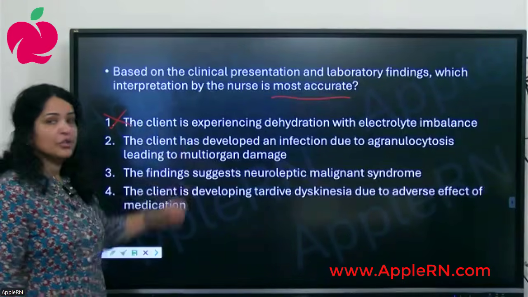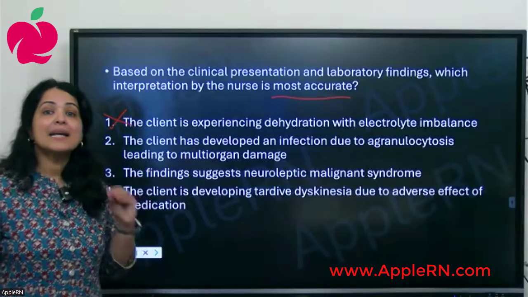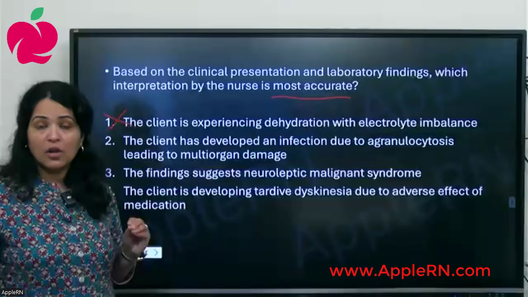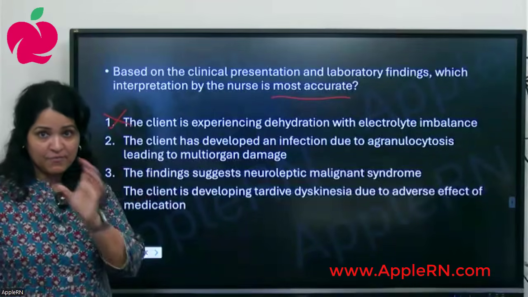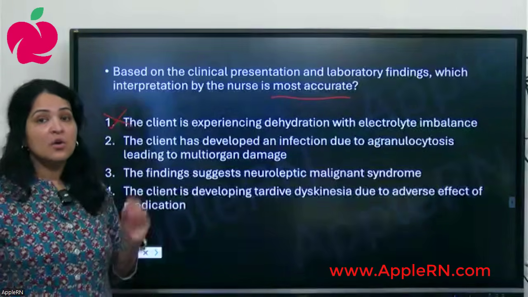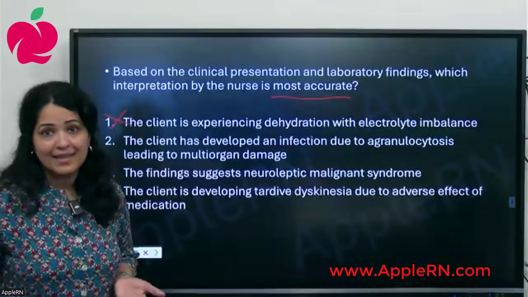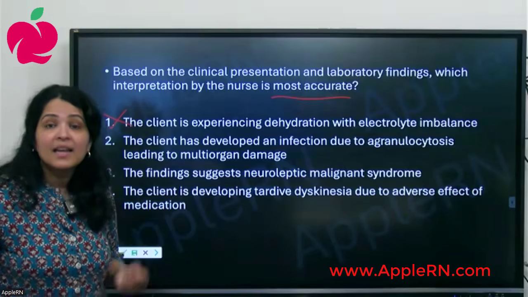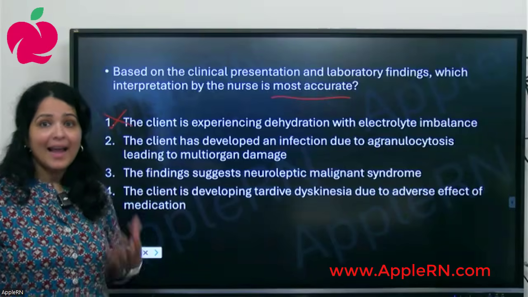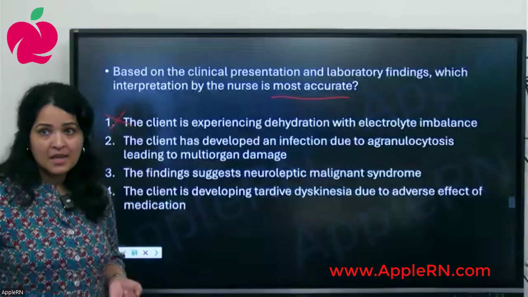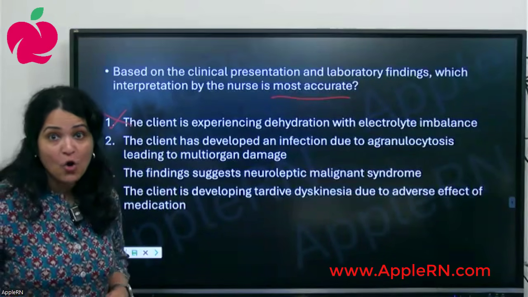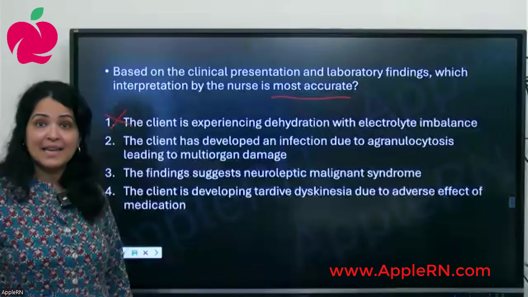Okay, how about 2? Was there anything we said about haloperidol or the first generation antipsychotics? Was there something which is causing agranulocytosis? Do we have any information here about agranulocytosis? What is agranulocytosis? Your WBCs, your neutrophils will be low. But what is the WBC here?